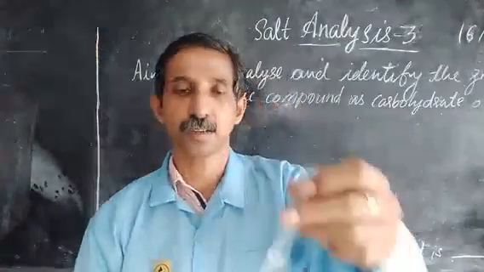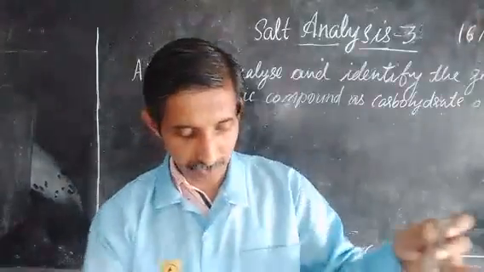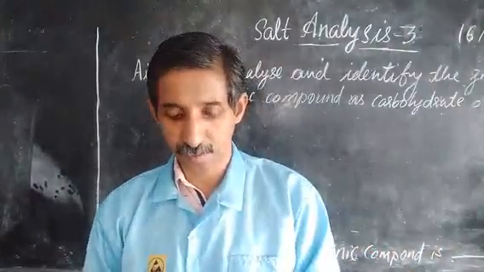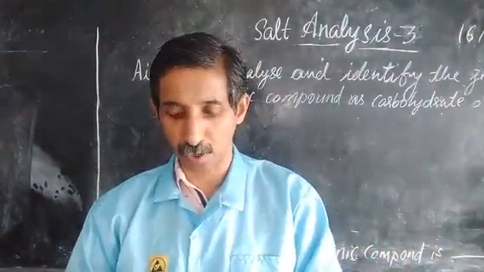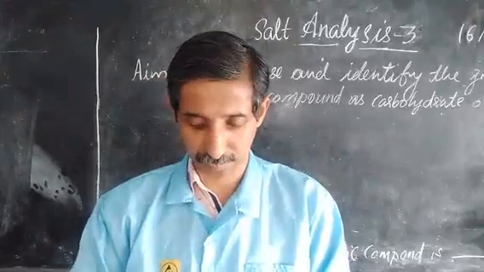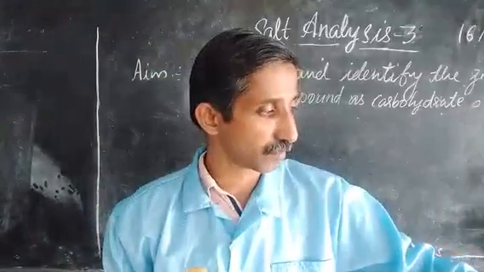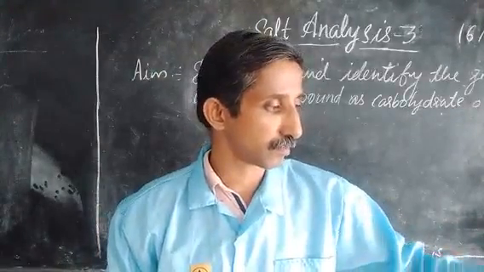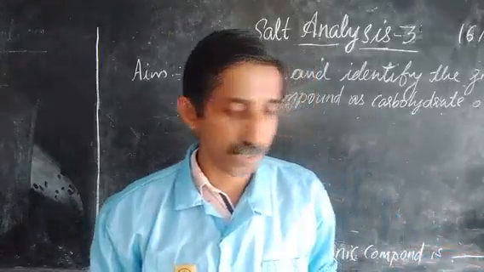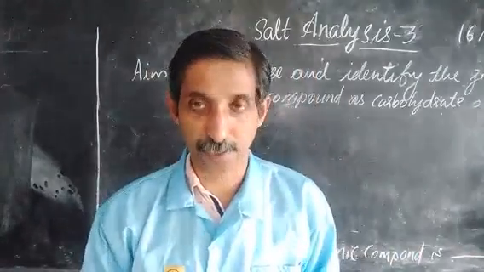About 1 ml of sodium hydroxide is added, and now this is to be also heated. This is to be kept in a boiling water bath for about 2 to 3 minutes. That is kept for boiling, and let's see what happens.